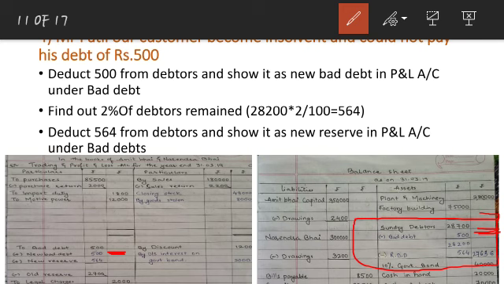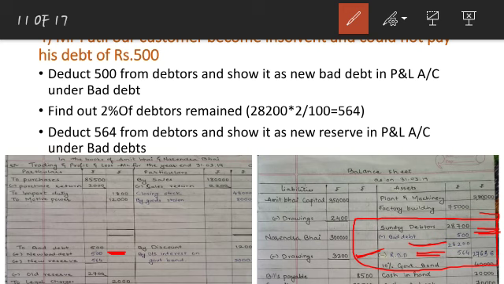Okay, after this you are also given 2% RDD on bad debts. So this 28,200, on this amount we will go for 2% RDD calculation. So when you calculate, you get 564 as the amount of RDD, which should be deducted out of it, and after deduction you will get the amount outside.